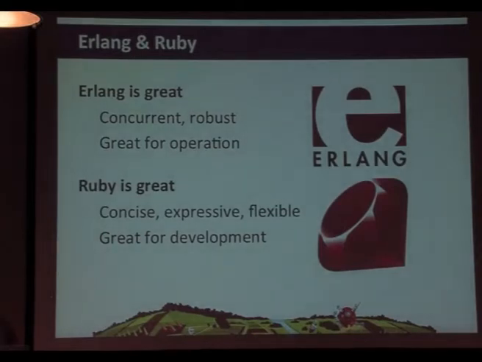It is much more concise and expressive in its syntax, I think, and it's also super flexible, so you can easily mold it into whatever DSL-like thing you want to express your program, and that's really great for development.